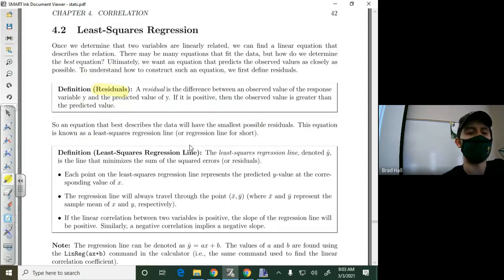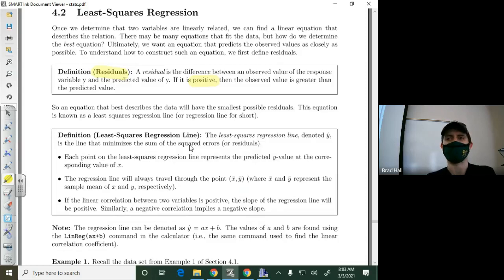A residual can be positive or negative because it is a difference. If the residual is positive, then the observed value is greater. If it's negative, conversely, the predicted value is greater. It's just a difference between the observed value and the predicted value, and it's the y values in particular.